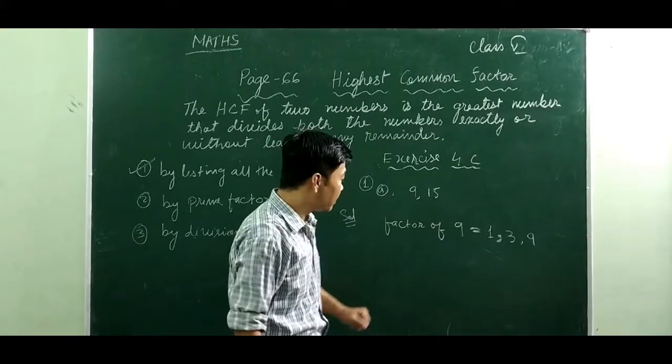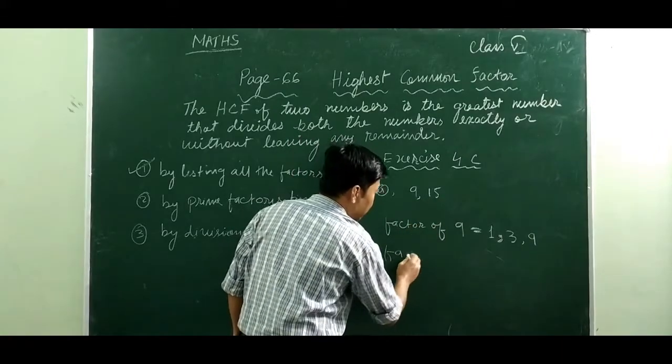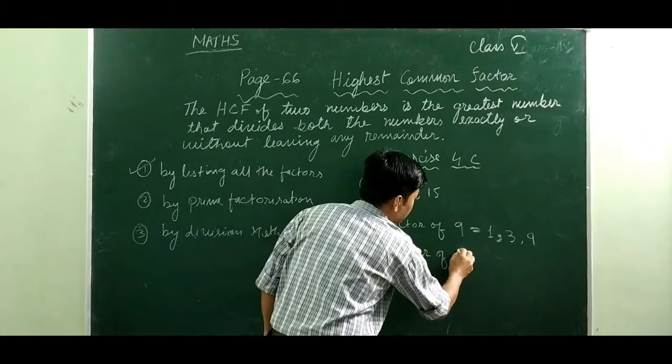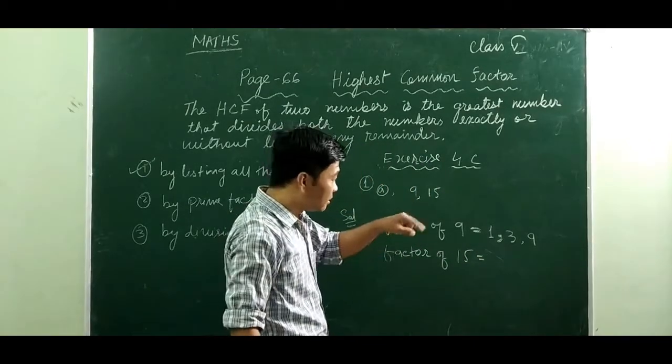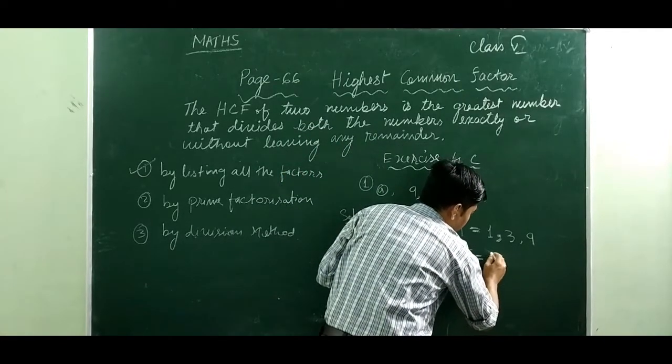In the same manner, we'll find the factors of the second given number, 15. 15 is present in the table of 1: 1 times 15 is 15.